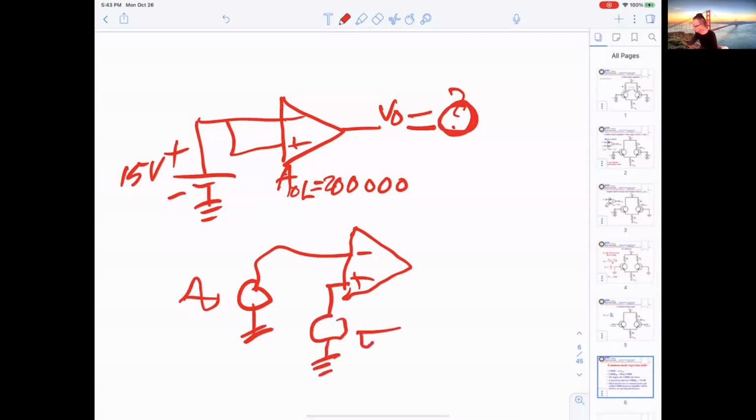And they must be opposite in phase. If you apply both inputs to the differential amplifier, they must be opposite. If they are the same, the op amp considers it common mode, so it will be rejected.